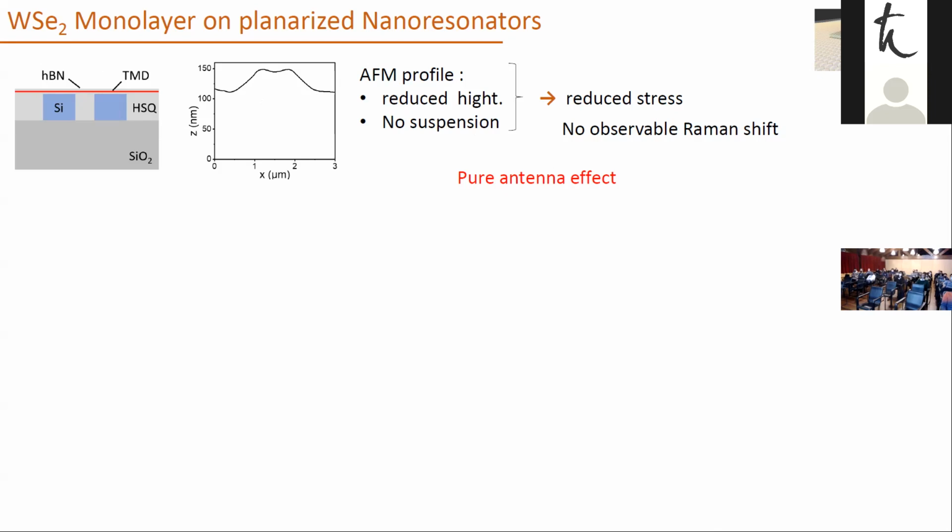It's all resting on the HSQ, and that's reduced the stress. There is no observable Raman shift in the system compared to previously where there was a strong Raman shift. And so we are expecting here to get a pure antenna effect.